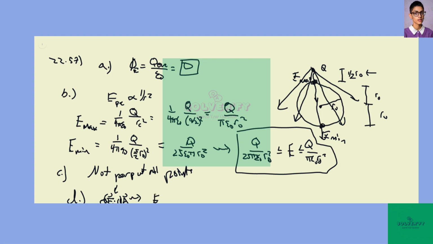That way we can pull it out and just call this E dot A. But this is not useful in this case because we already said it's not perpendicular or constant at all of these points. So this is not useful.